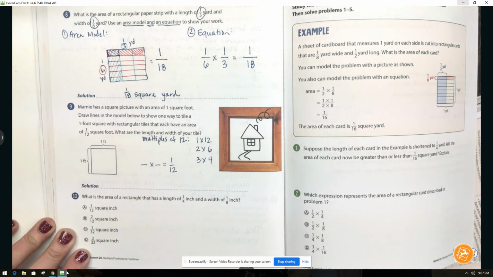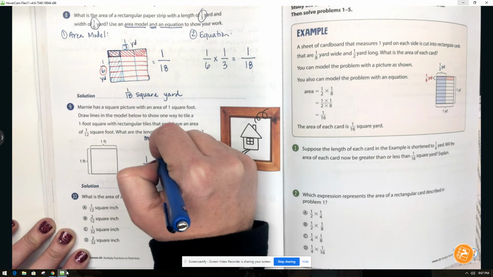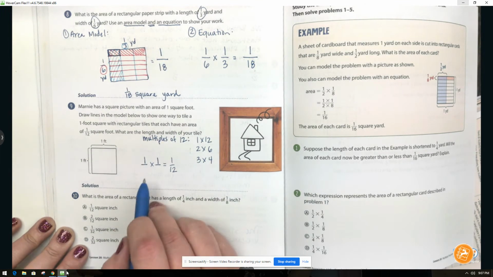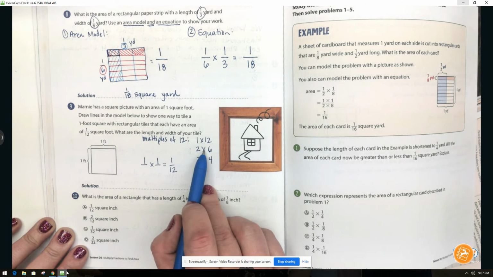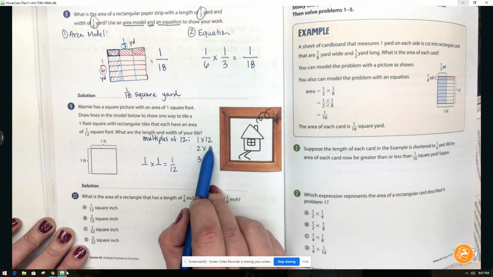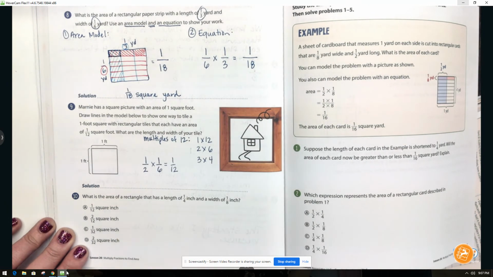What do we have to multiply to get a product of 1? That's right, 1 times 1. Okay, now we need to figure out the product of 12. Now remember, I pointed to this 2 times 6, so we're going to use the multiple 2 times 6.